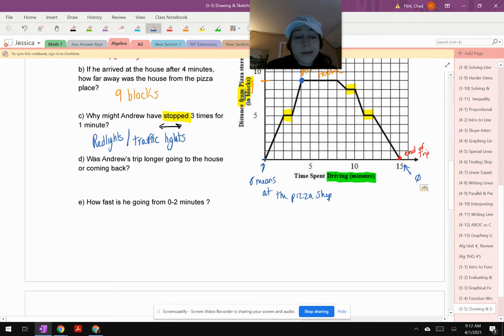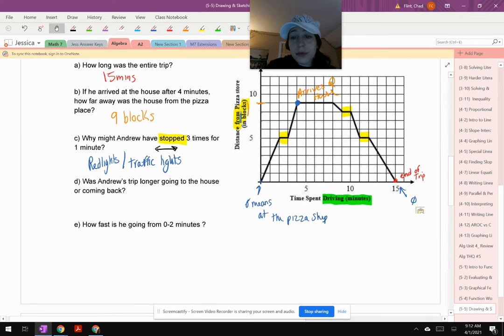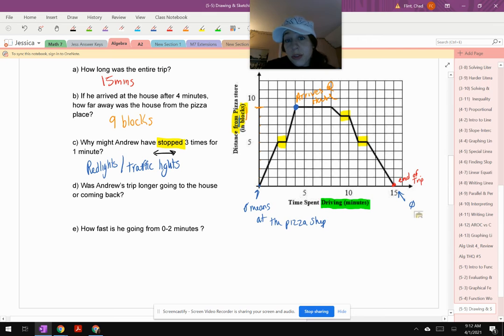Because remember, he's driving. Was Andrew's trip longer going to the house or coming back from the house? Okay, so which one was longer? So how long did it take him to get to the house? Let's start by figuring that out. So to house took, like we said, he arrived at the house here, 4 minutes.